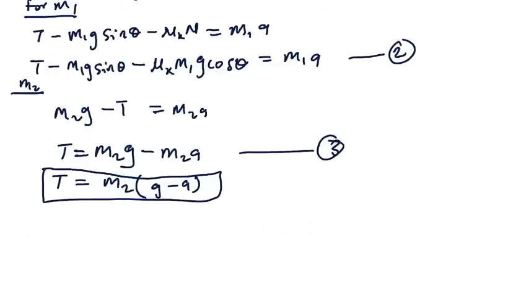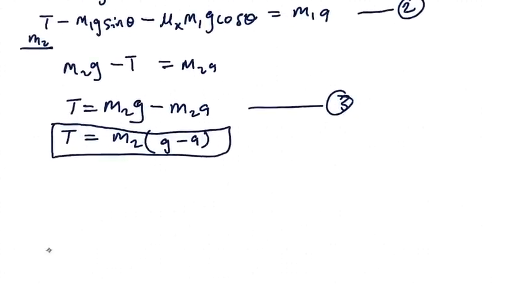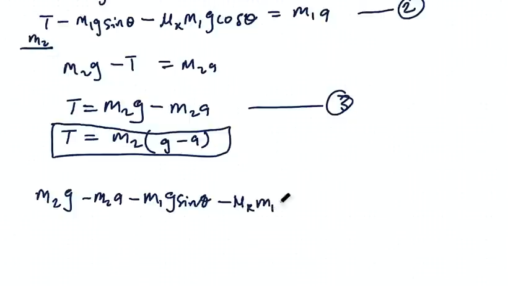So substituting it, we are now rewriting equation 2, which is m2 g minus m2 a minus m1 g sine theta minus mu k m1 g cos theta equal to m1 a.